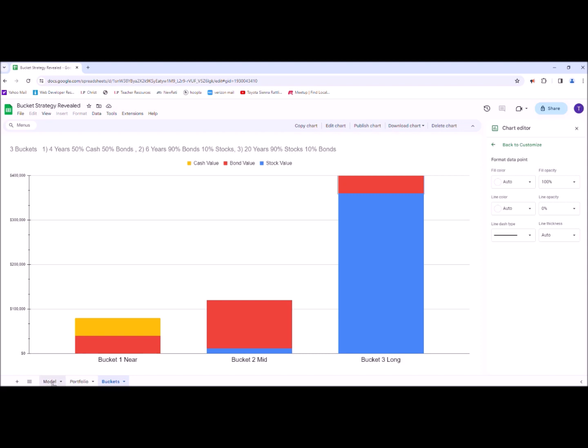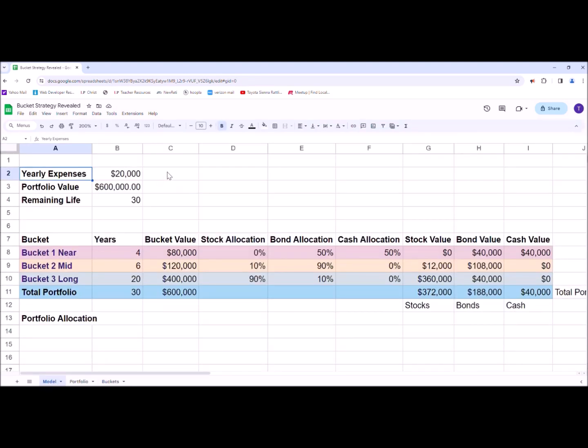And now let's look at the actual model behind this graphic and what I did for this model. Again, you could use any numbers. The math absolutely works the same. In this case, the yearly expenses that are going to be pulled from this portfolio for this person is $20,000 a year.